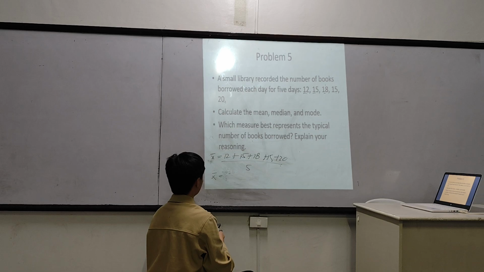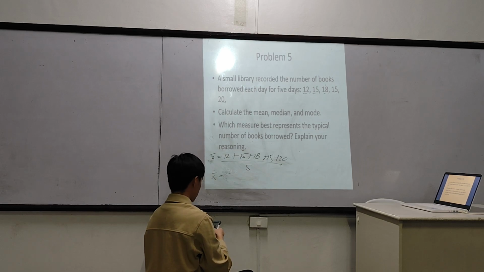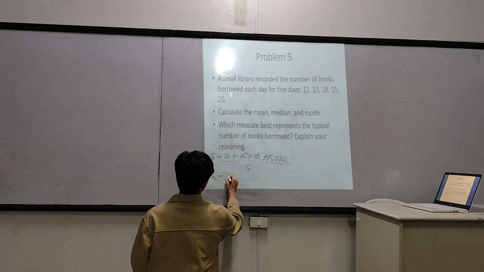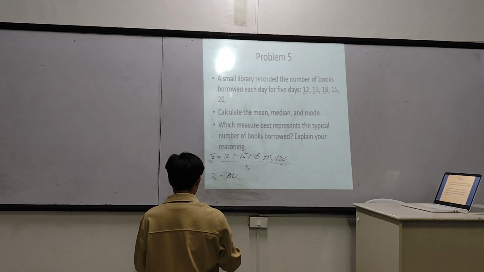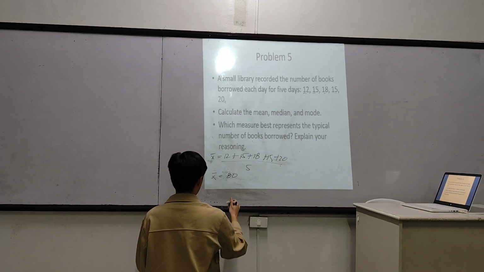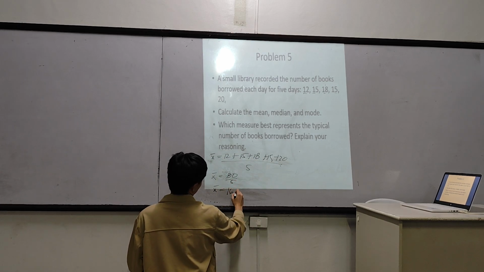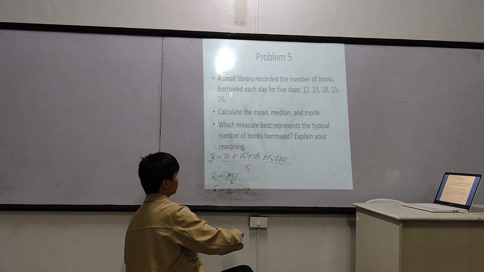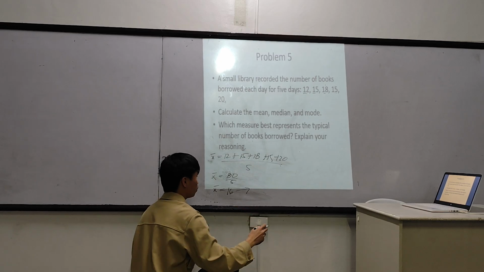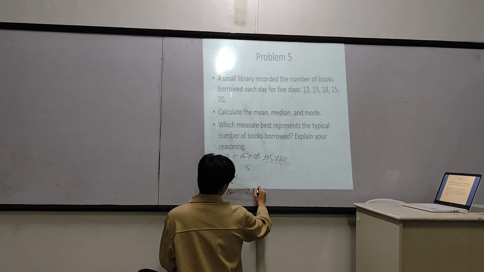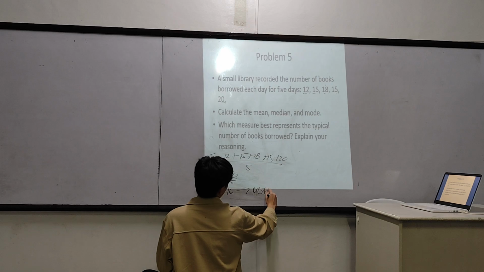We have 80 divided by 5, which equals 16. The average of the numbers 12, 15, 18, 15, and 20, the mean, is 16.